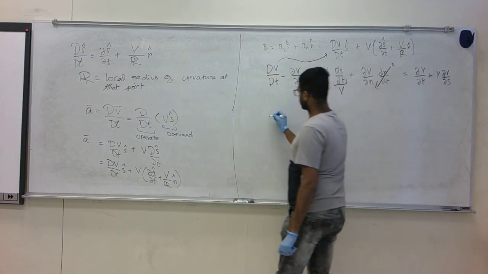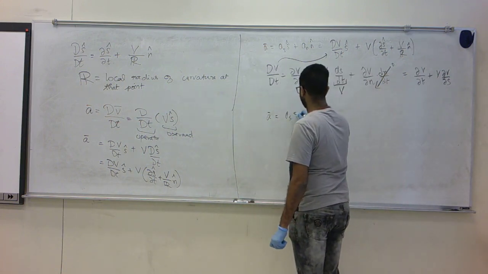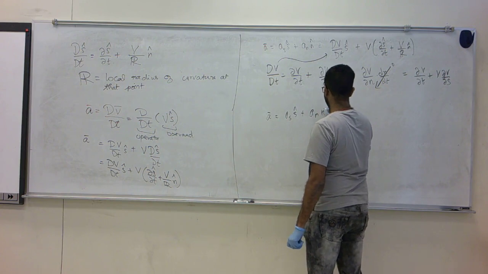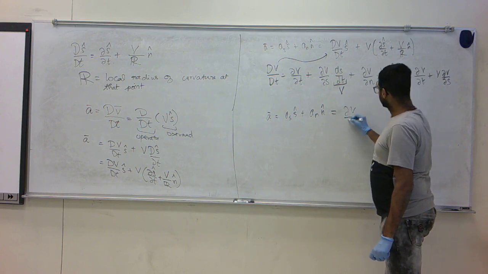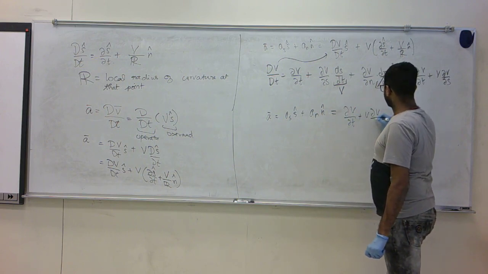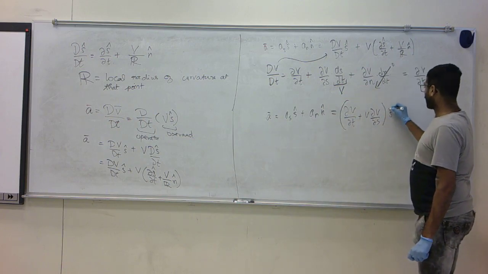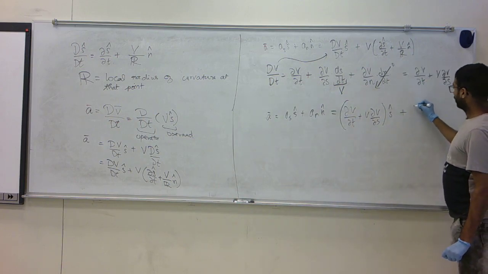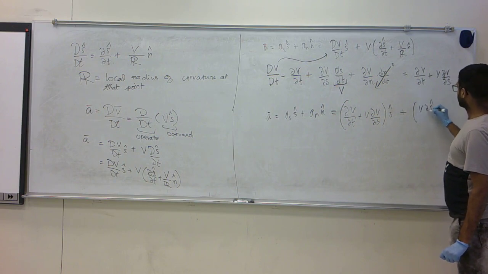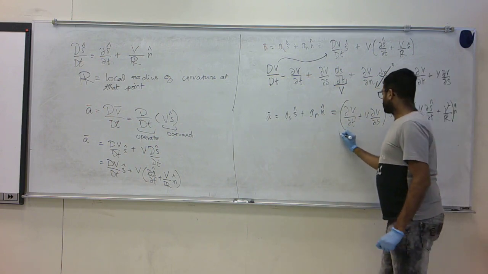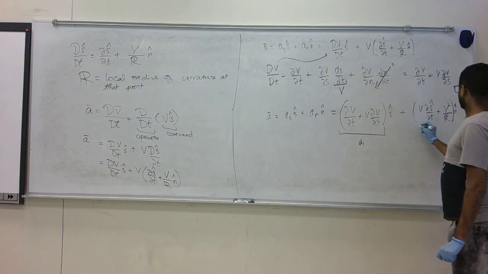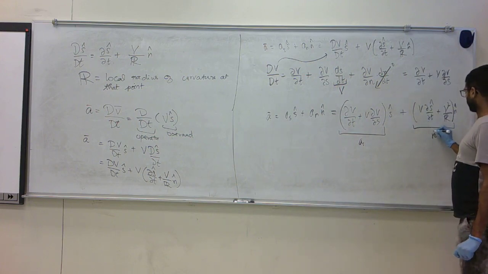I have the acceleration, as s cap plus an n cap, equals first term dv dt plus v dv ds times s cap plus v ds dt plus v squared over r n cap. So this would be my streamwise component of the acceleration, and this would be my normal component of the acceleration.